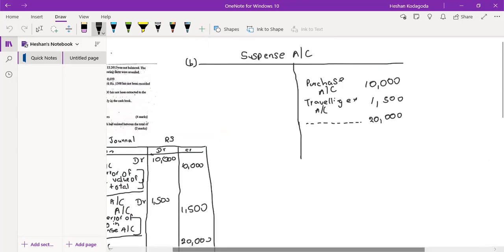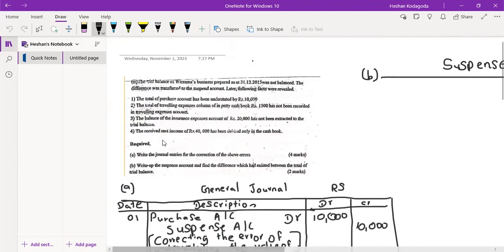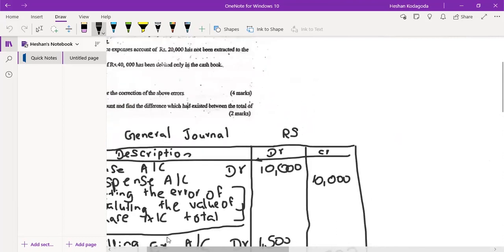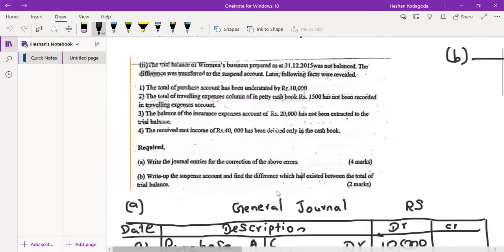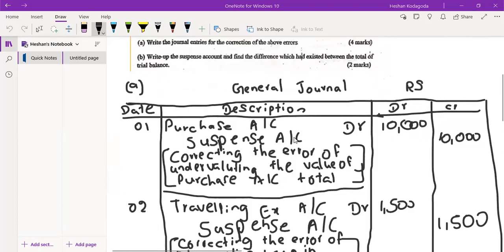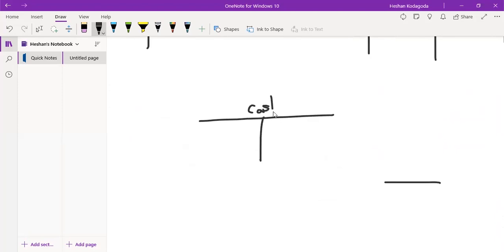The rent income account has received rent income of 40,000. The cash book should be debited and rent income credited. Did you understand? The rent income account hasn't been credited; only the cash book has been debited. Now think what has happened. This is the cash book, this is rent income. Cash book debit 40,000. Okay, done.